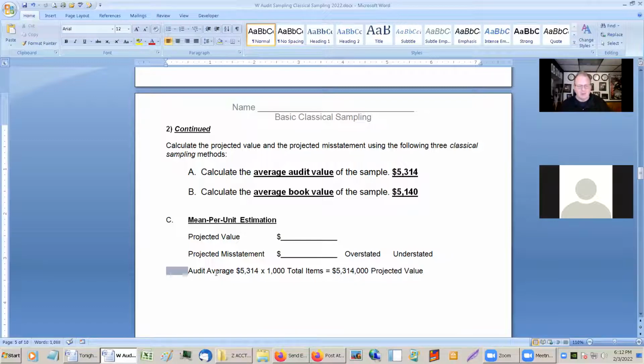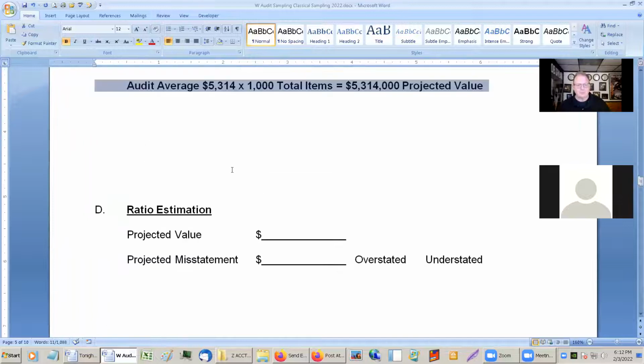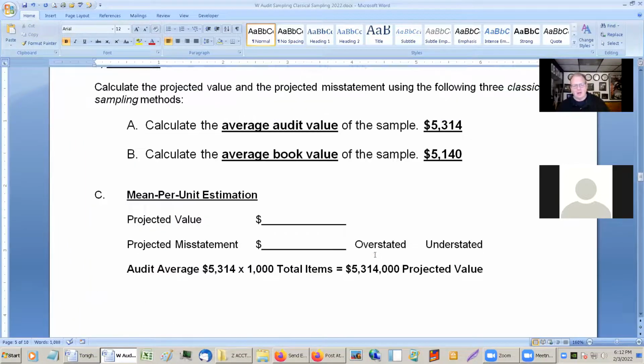Let me make this big enough so that we can see it. So again, we say, okay, there's 1,000 total items here. And each item we think is going to be what we came up with as our average.